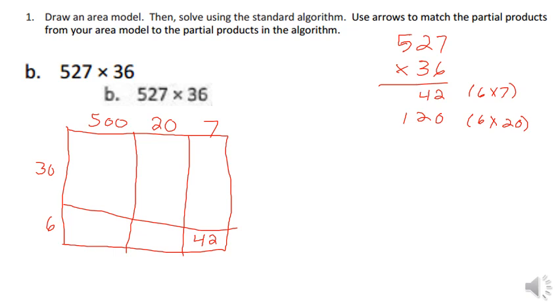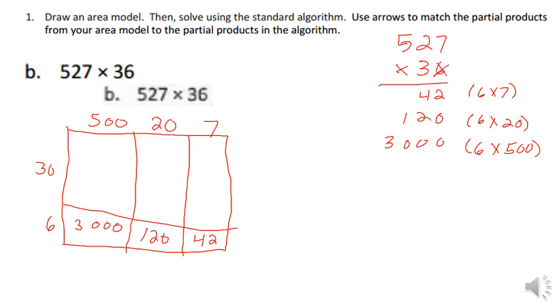If you notice, I am making sure when I line them up, I'm lining them up by place value. Our next, we still have to do the last 6. We got 6 times 500, and 6 times 500 is going to be 3,000.